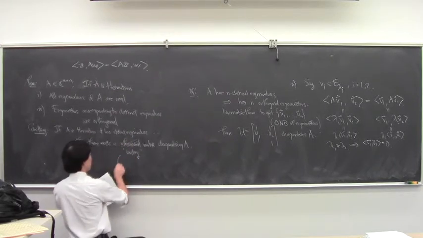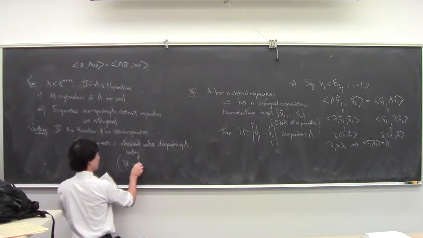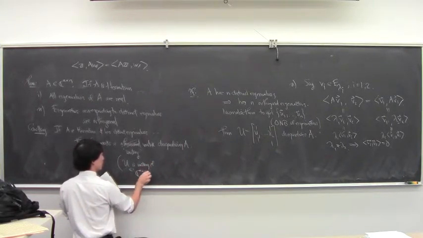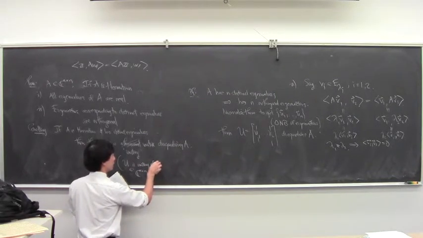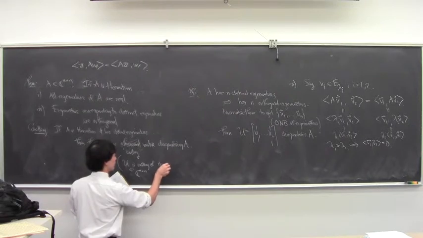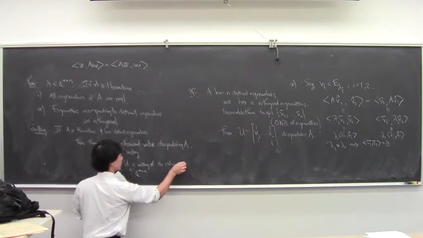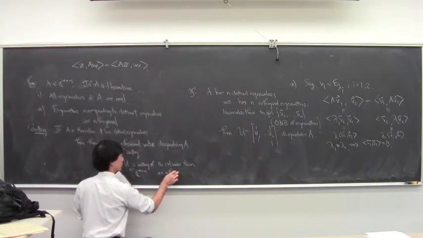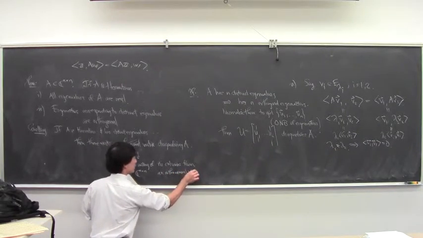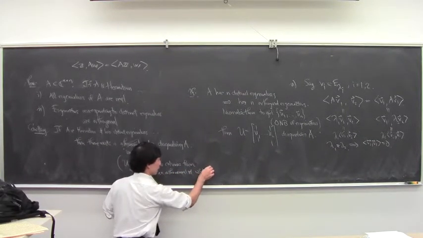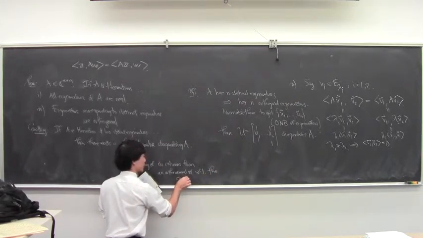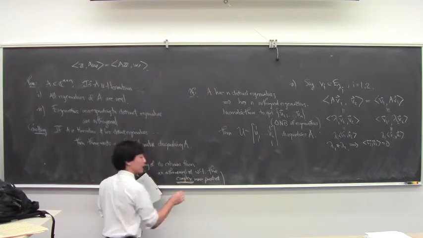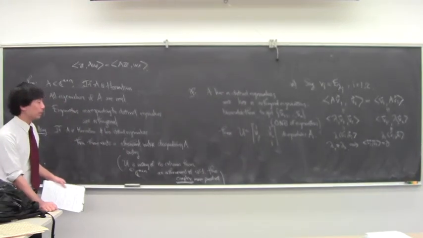So U is unitary if U is an n by n complex matrix whose columns form an orthonormal set with respect to the complex inner product, not the old inner product.